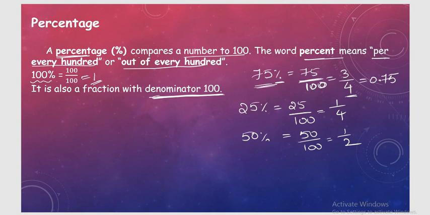Whenever you have a percentage symbol, if you want to remove it, we need to divide by 100. This is the simple thing that we need to remember, right? This is all about percentages. There are some more percentage topics which we are going to see in our problems, right?